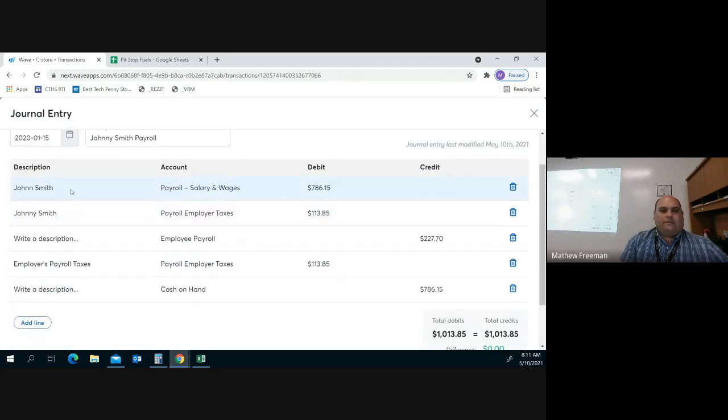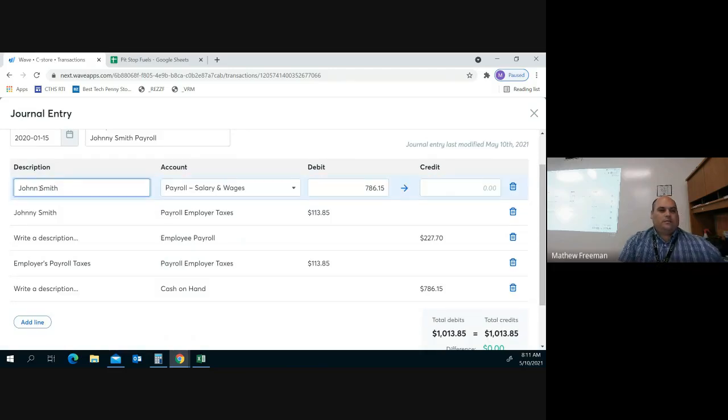So here we have Johnny Smith's. We have his salary. We're going to debit that account. That's the amount that he's getting paid. We're going to debit the employer tax twice because remember we have to pay our share too.